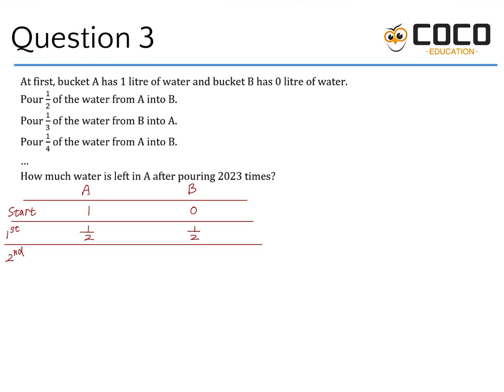Now for the second time, pour 1/3 of the water from B into A. So B is left with 2/3. This is half times 2/3. So there is 1/3 left. So for A, you just use the total minus 1/3. This is 2/3.